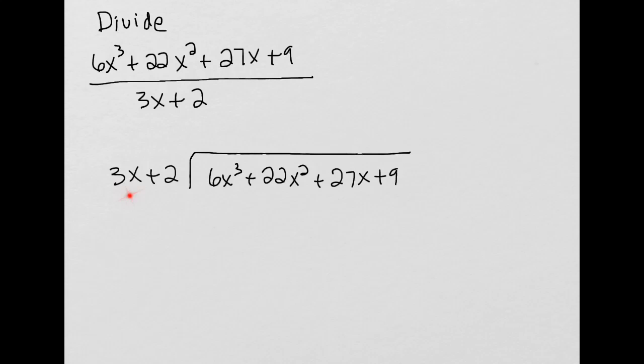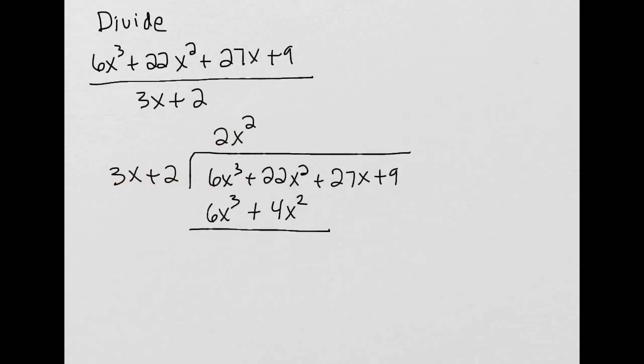Okay, so here we go. First outside term comparing with first inside term. So 3x times what gives me 6x to the third? Well, in this case it would be 2x squared. Now I want to take this guy and multiply him by both terms in my divisor. So 2x squared times 3x is 6x to the third. 2x squared times 2 is 4x squared.